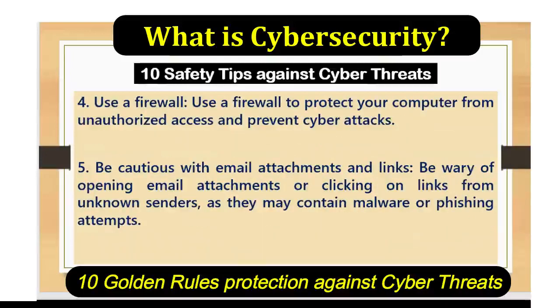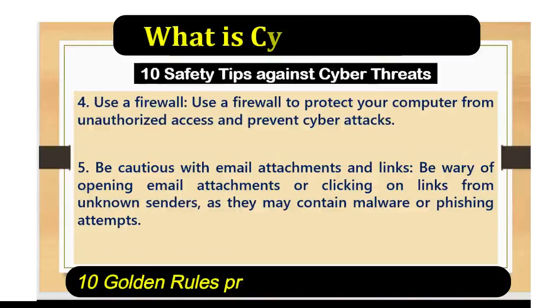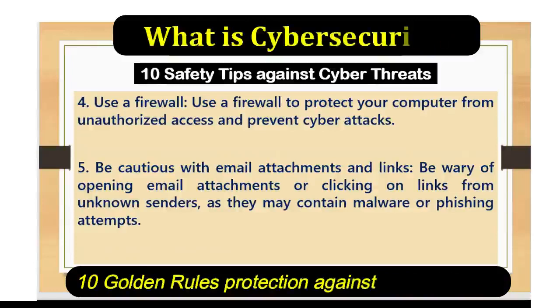You are on the platform of Safety First Life, and today we are discussing cyber security and the safety tips against cyber threats. Tip number four, use a firewall. Use a firewall to protect your computer from unauthorized access and prevent cyber attacks. Tip number five, be cautious with email attachments and links.